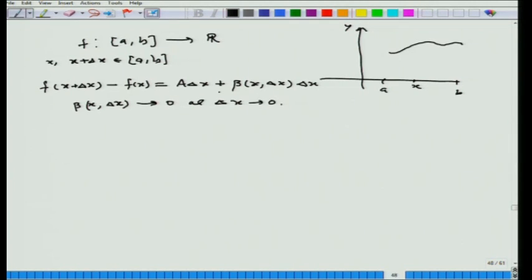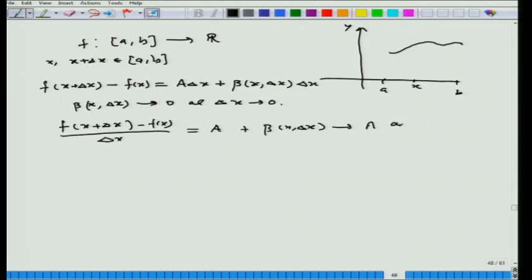So, we can see that if we divide by delta x, we know that f of x plus delta x minus f of x divided by delta x gives you A plus beta of x comma delta x, and this goes to A as delta x tends to 0. So, clearly then A has to be f prime x.